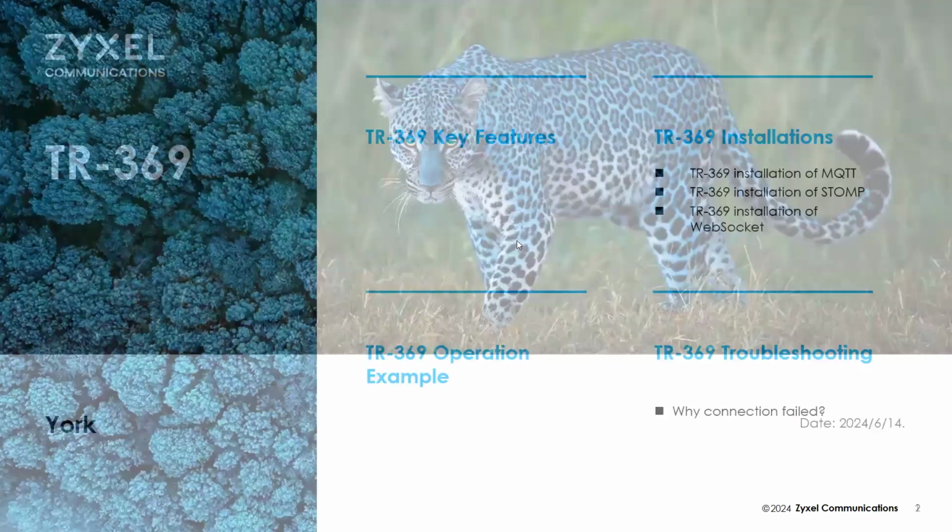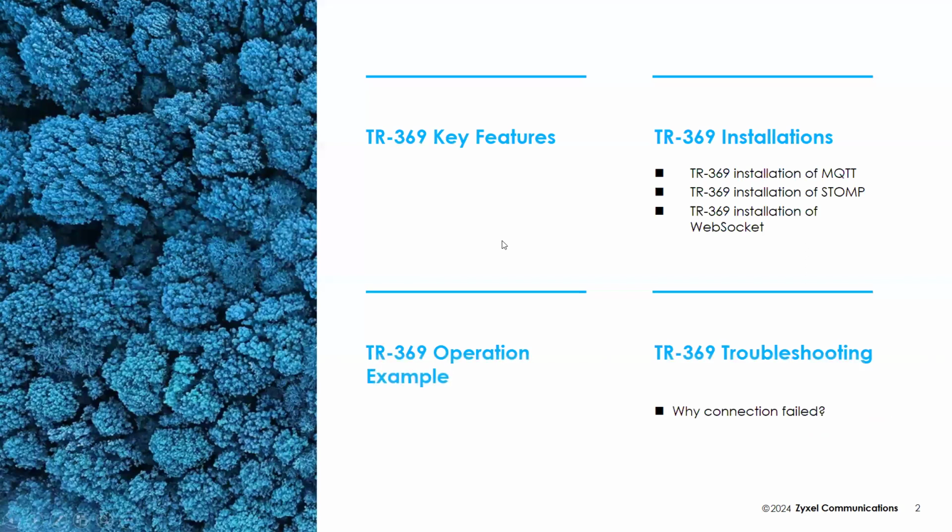Okay, and this is our agenda for this topic. As you can see, we have 4 parts in this chapter. In the first part, I will introduce what TR369 is and the difference between TR369 and the previous TR69. In the second and third parts, I'll introduce how we can use TR369 technology on our CPE devices, and I will demonstrate some operation examples in part 3.